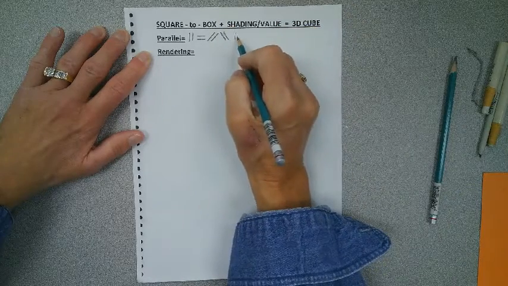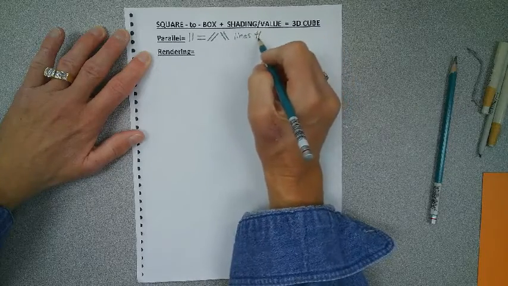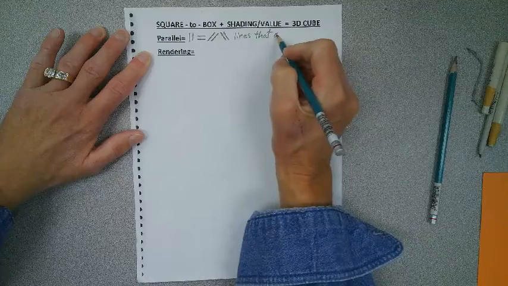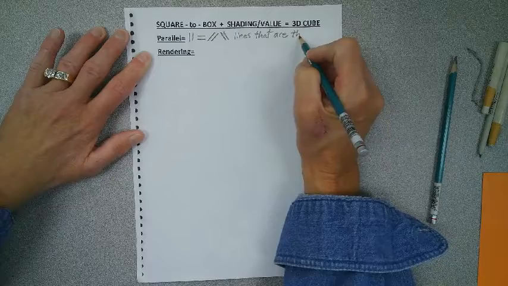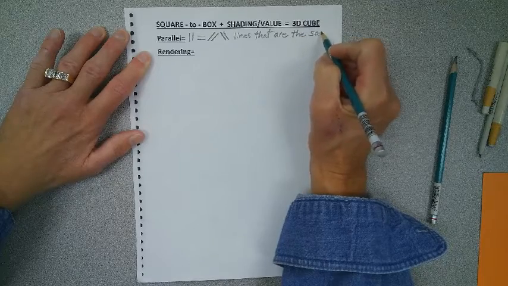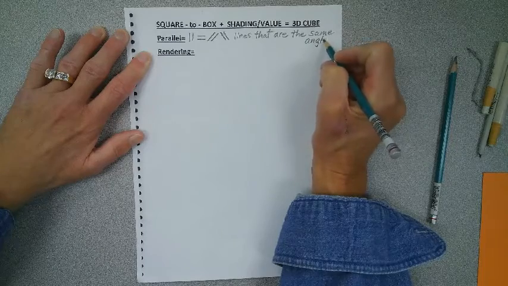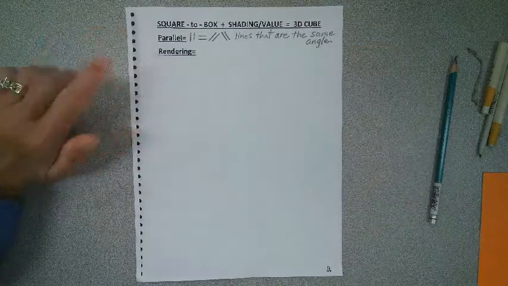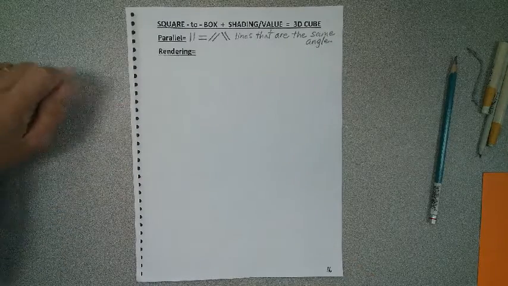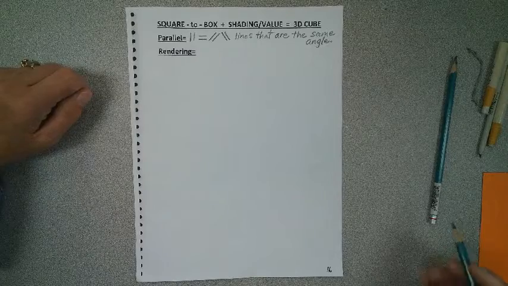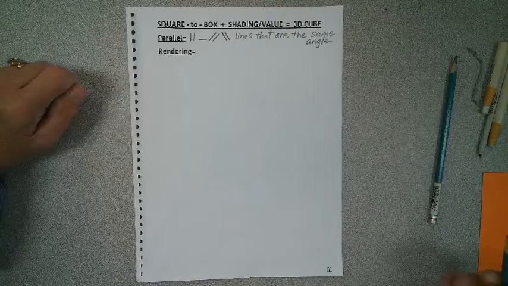Basically, the definition is lines that are the same angle. So if you would take a moment to write that down. Feel free to pause your video if you need to.